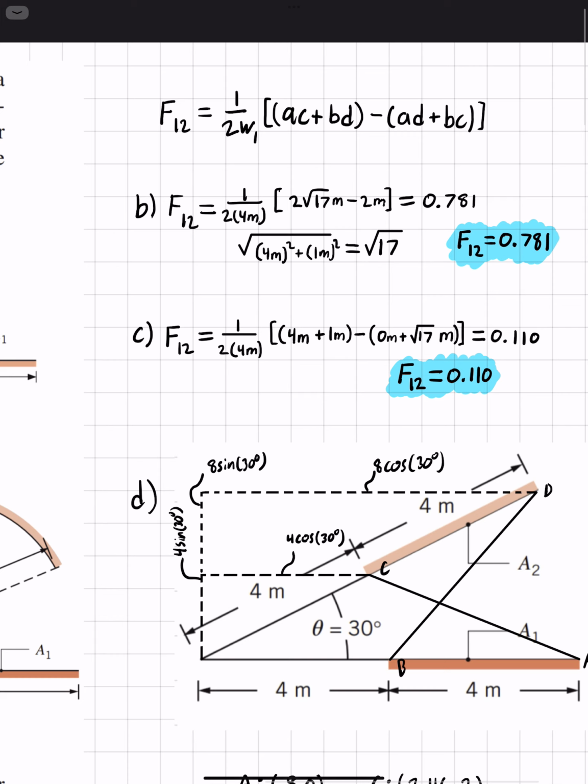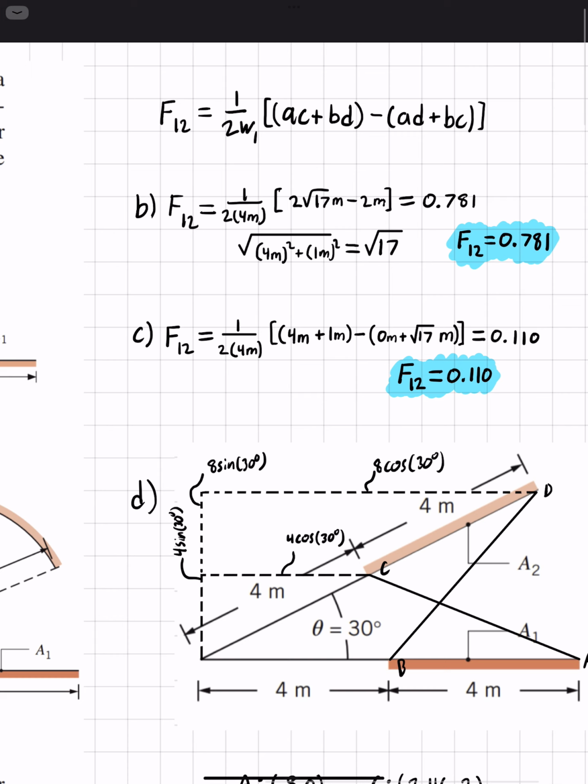And then you subtract out AD plus BC, and for AD, we can see that is, again, the Pythagorean theorem, so similar to part B you're going to get the square root of 17 meters, and because for BC they're overlapping, you get 0 meters. So solving this equation, you get a view factor of 0.110.